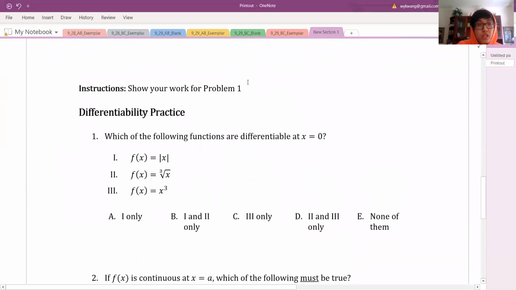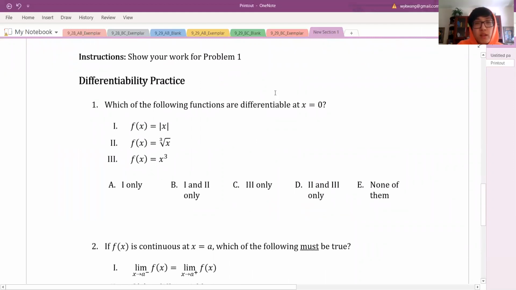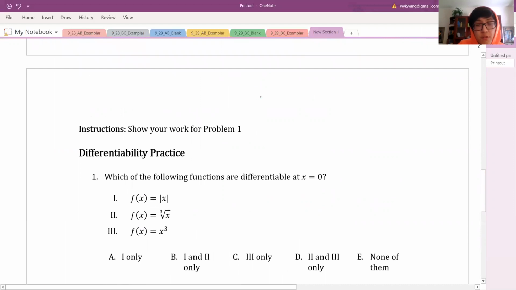Next, we're going to look at some differentiability problems. So which of the following functions are differentiable at 0? So remember, when we look at differentiability, the first thing to remember is that differentiable means we can take the derivative of the function at that point.